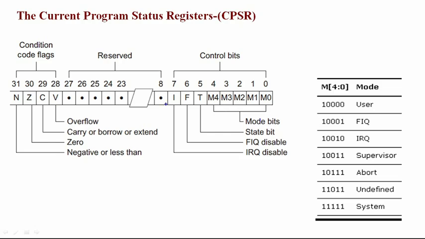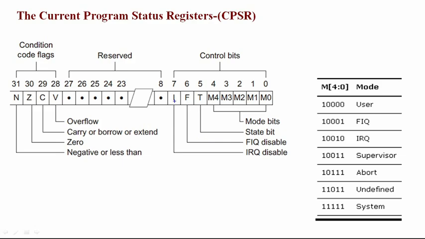And then bit number 6. Bit number 6 tells you whether you want to go for FIQ mode interrupt or not. If you want a fast interrupt or a high priority interrupt, you need to enable bit number 6. Bit number 6 is called the F bit. F stands for FIQ, fast interrupt request, or you can say high priority interrupt.